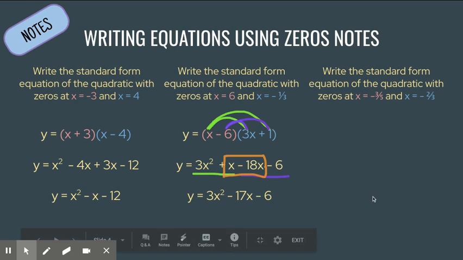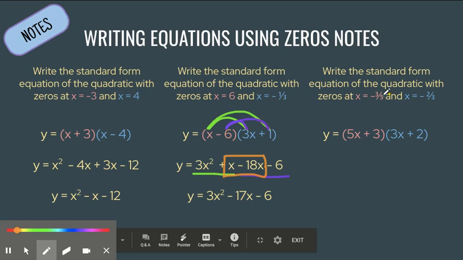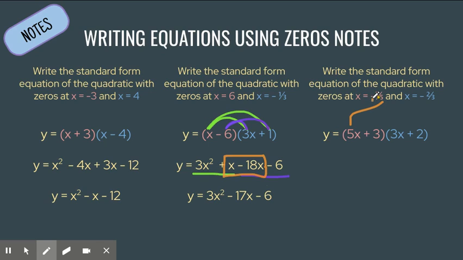Okay, on this very last one, people freak out because there's a lot of fractions. This is going to become positive 3x plus 3, and the 5 is going to go in front of the x, so it's going to be 5x plus 3. Okay, so the number from the bottom just comes in front, and this one changes signs. This one changes signs, the bottom one goes out front.